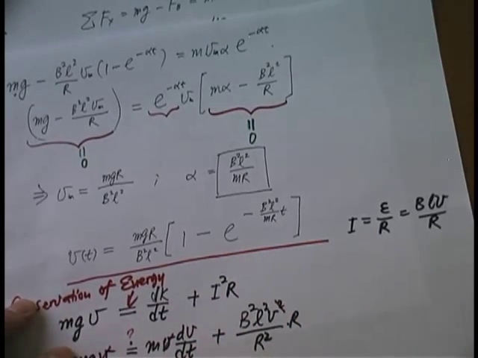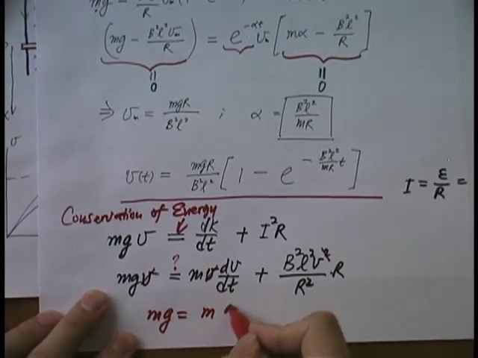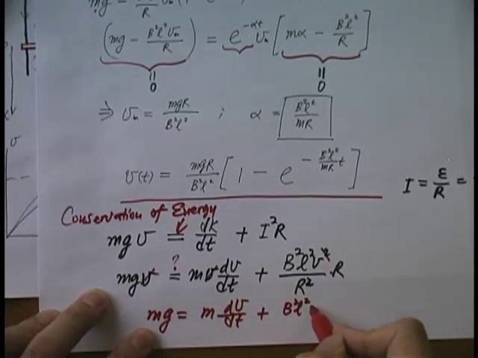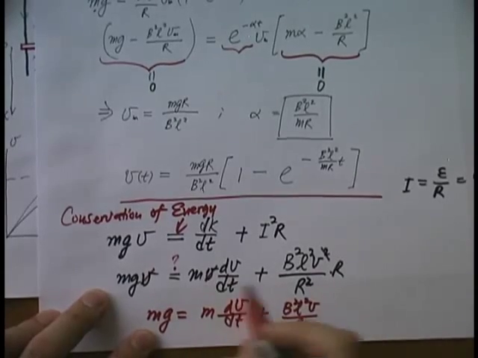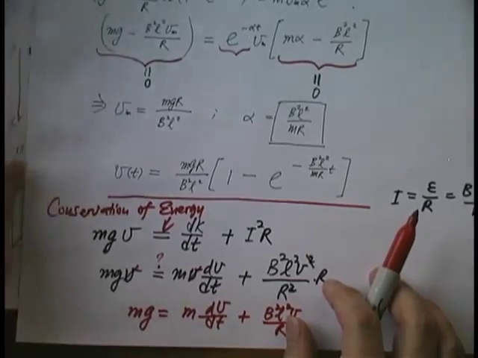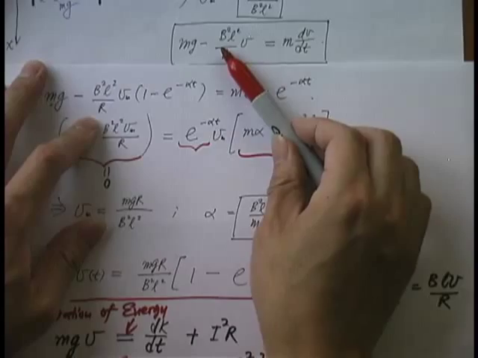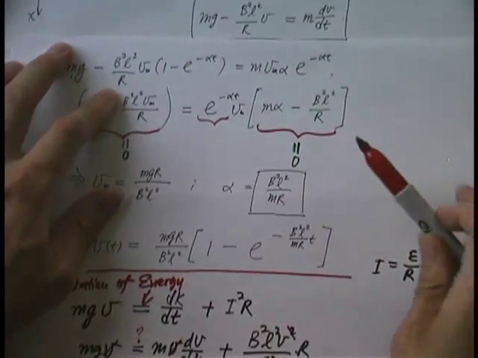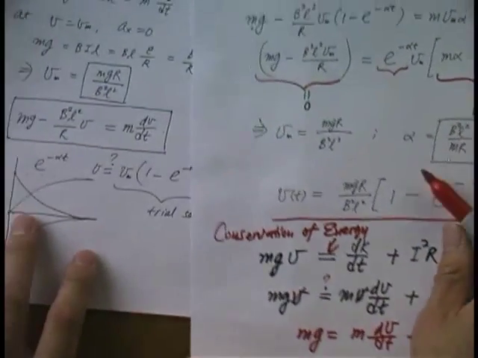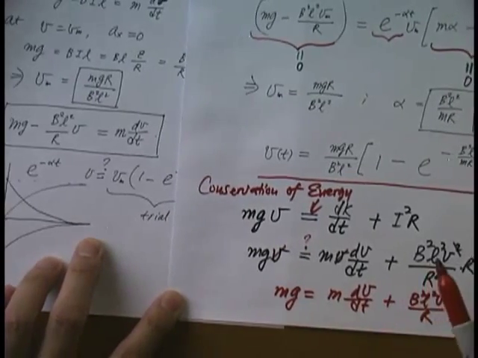You will see that mg equals m dv/dt plus B squared L squared v over R. But is this right? Well, guess what? This is exactly the same as the equation of motion that we obtained earlier. All you have to do is move this term over, and you will see that these two expressions, sorry, I don't have space for you to see both of them simultaneously, are really exactly the same.